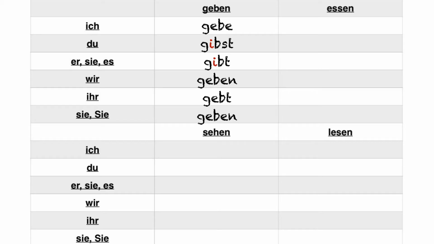Again, the only thing that happens is the du and er sie es forms take an I instead of an E. Everything else is perfectly regular. Geben, by the way, means to give. Essen is to eat. And, of course, we have an I in the du and er sie es forms, so the conjugation becomes ich esse, du isst, er sie es isst, wir essen, ihr esst, sie essen.